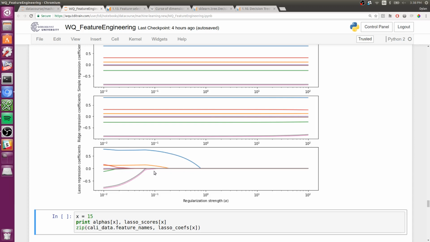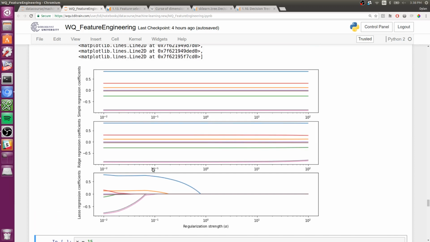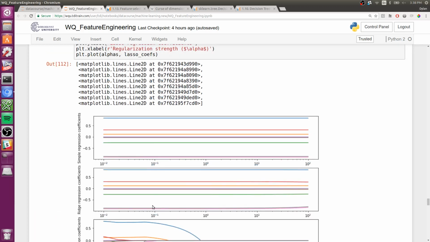Even a regularization strength of 0.1 is pretty extreme in this case for the lasso regressor, while for the ridge regressor, it's hardly making any impact at all. And we would have to go to much higher strengths for the regularization to have much of an impact in ridge regression.